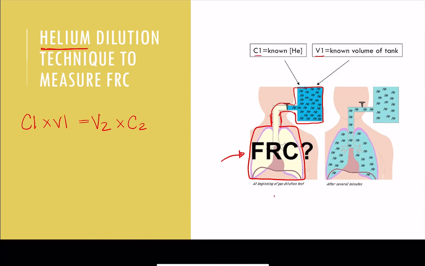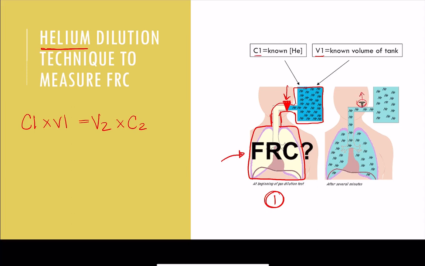So if picture number 1 is the start of the test, you have the person breathing room air. There's a spigot here blocking the tank. And you say exhale naturally to the end of your resting breath. And then you pull that spigot up.